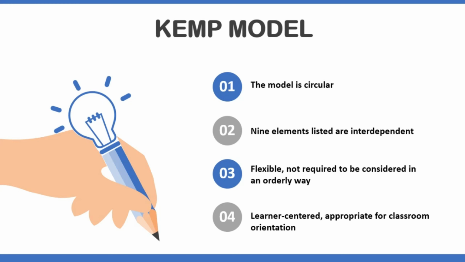The third is that it's flexible, or it is not required to be considered in an orderly way. It means that the developer or the designer can start from any step or anywhere. The last one is that it is learner-centered and it's appropriate for classroom orientation.